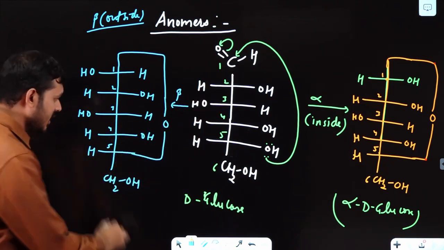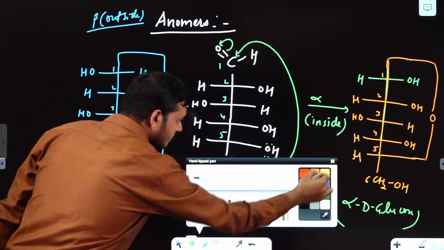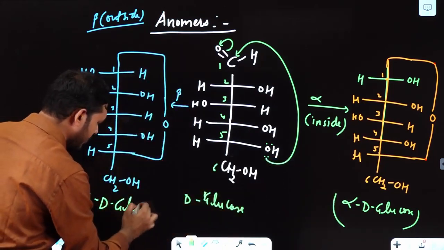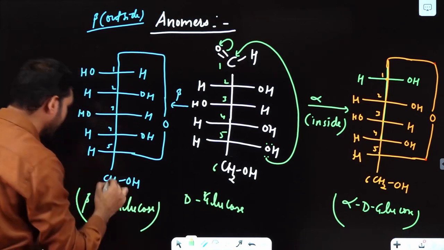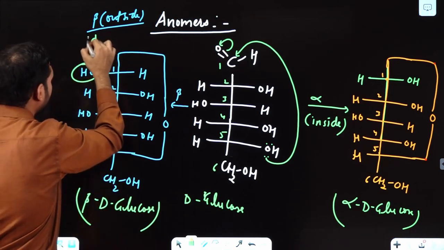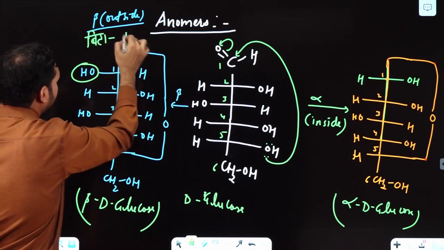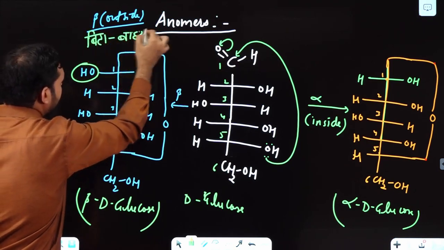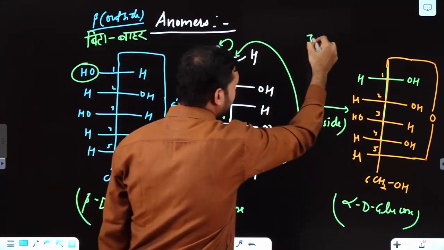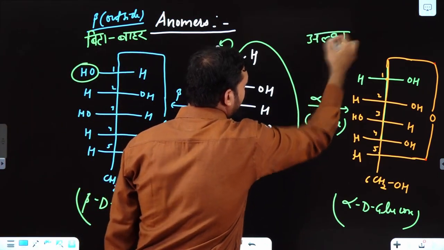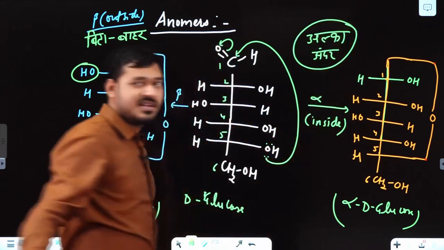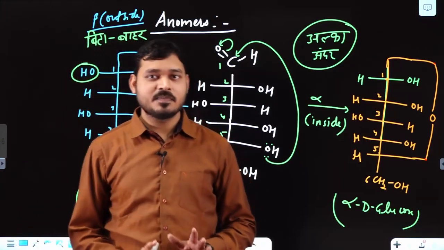Clear to you all? This will be called beta D-glucose. Beta means outside, and this was your alpha, which means under side. Okay, so I think you are clear with this.